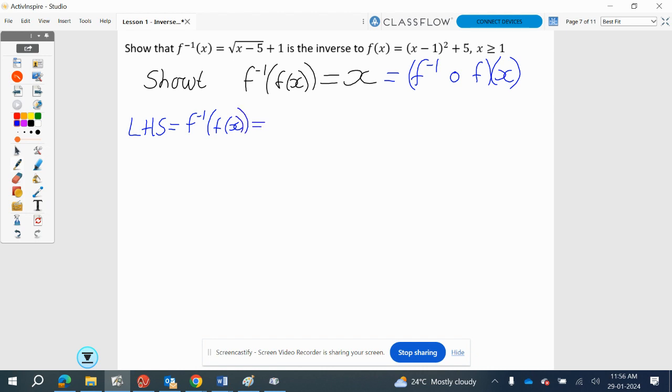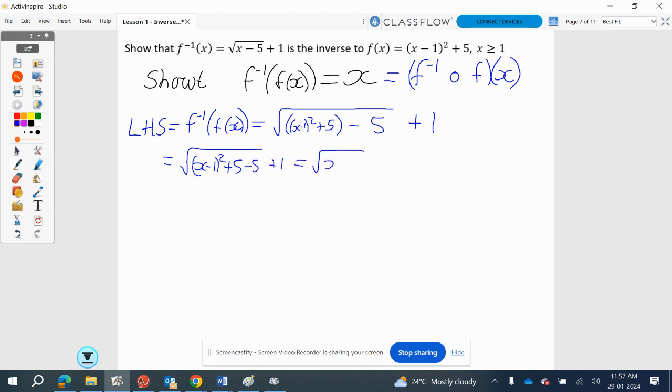So f inverse is this one. Here is where we can put our x. So that's how f inverse looks. Instead of x, we're sticking f of x into this hole. So we've got x minus 1 squared plus 5 goes in there. Opening up the bracket, we get x minus 1 squared plus 5 minus 5, which is x minus 1.